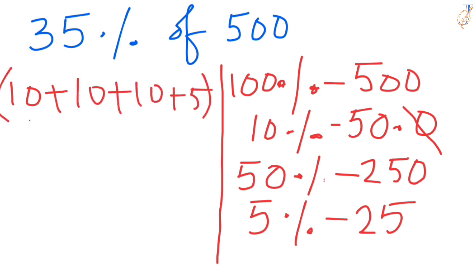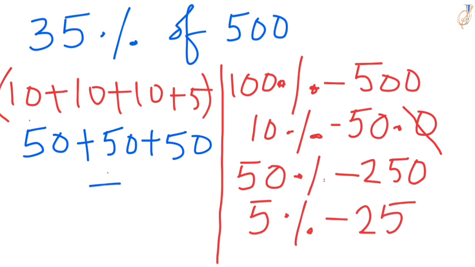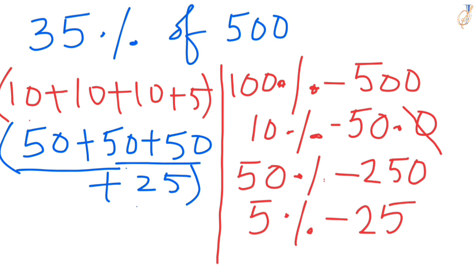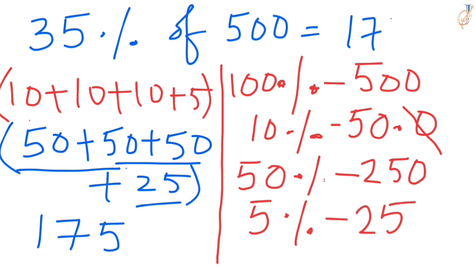What is 10 percentage? 50. Again 10 percentage is 50. Again 10 is 50, plus 5 is 25. So total 50 plus 50 is 100, 100 plus 50 is 150, 150 plus 25 is 175. So 35% of 500 is 175. Like that simply you can solve your percentage problems.